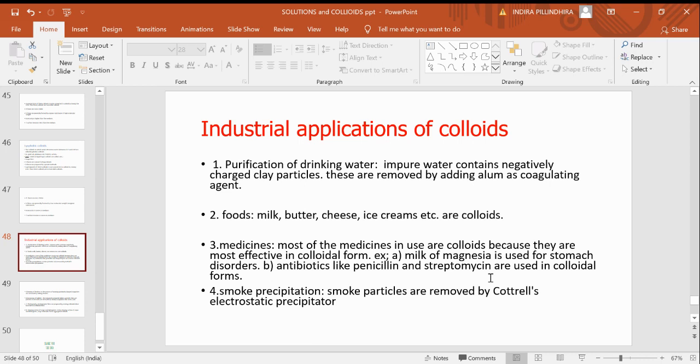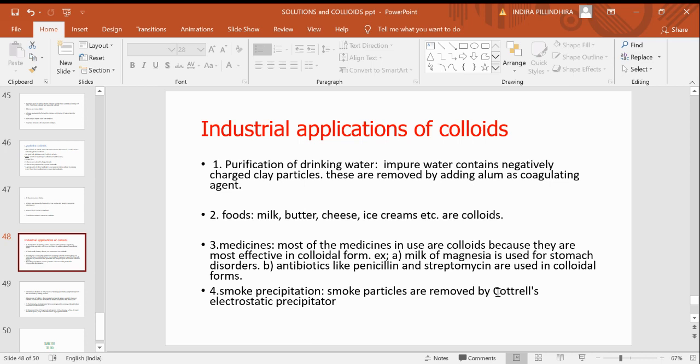So similarly, antibiotics. The antibiotics like penicillin and streptomycin, they are used in the colloidal forms only. Okay, and then fourth application, smoke precipitation in the large industries where the release of the smoke is very high, then they'll use the apparatus called the Cottrell electrostatic precipitator, which works on power.